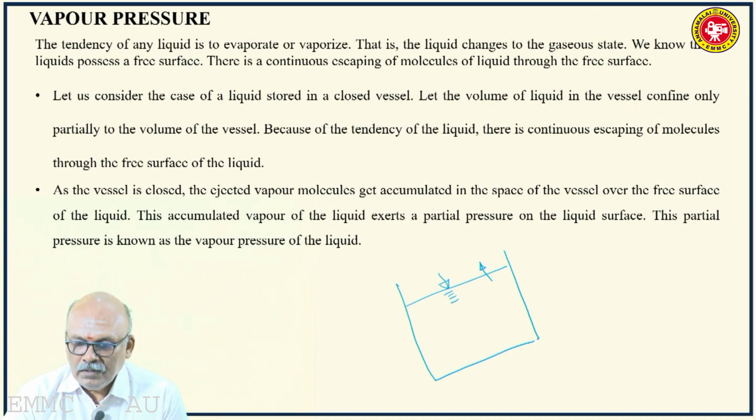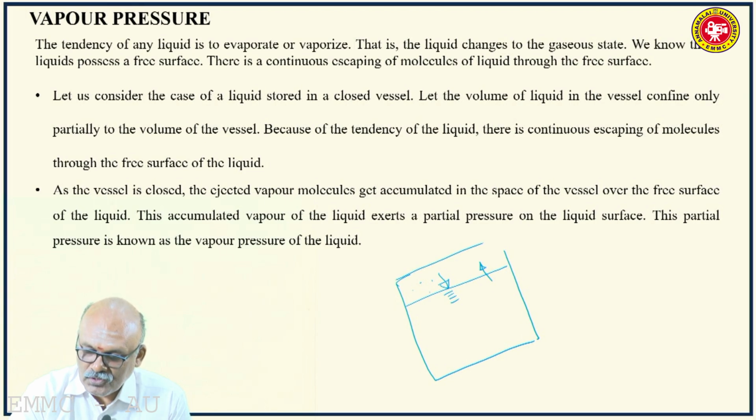Now, because of the continuous escaping of molecules through the free surface of liquid, the molecules which get ejected out get accumulated in the space. Say for example, suppose the vessel is closed.